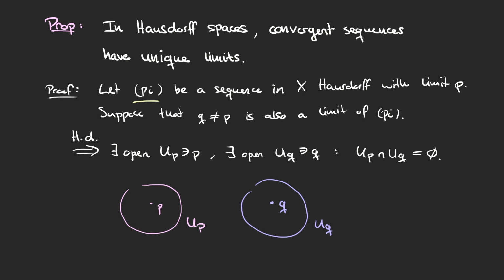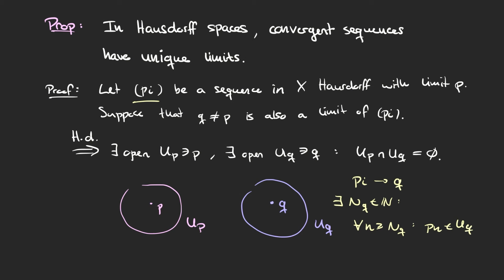And now because P_i converges to Q, there's going to exist some, let's say, natural number N_Q, such that for all n greater or equal N_Q, we have that P_n lies in U_Q.